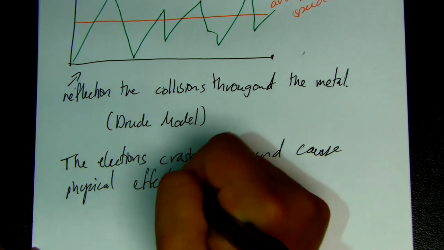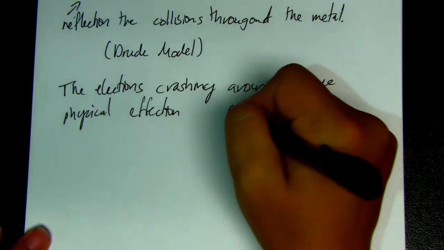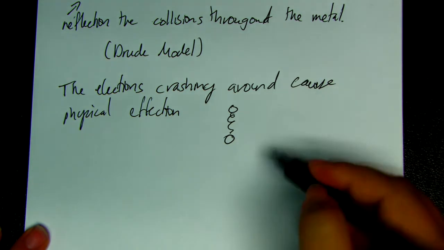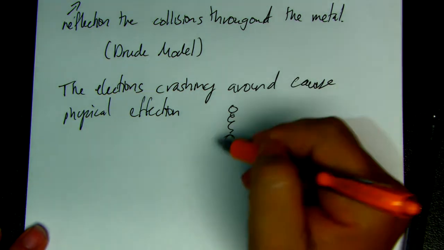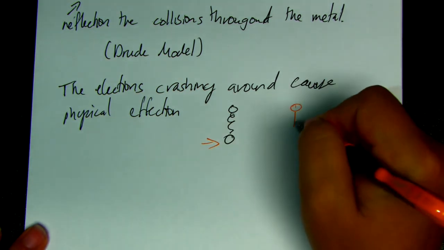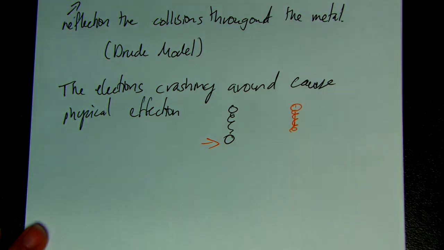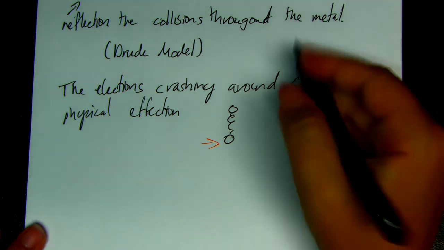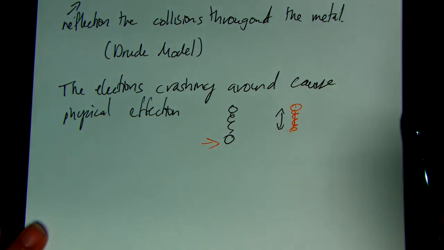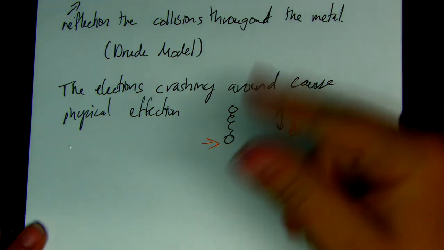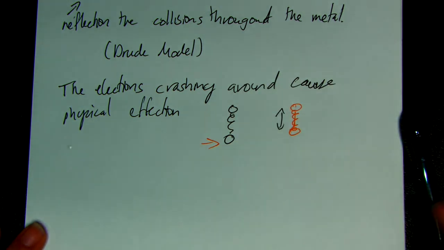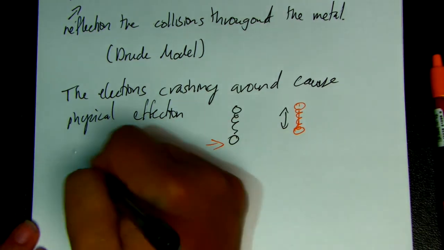So thinking back to that ball spring model of matter, if something were to crash into this, we would expect that it would start vibrating up and down. And when it vibrates up and down, these springs are going to be moving back and forth, increasing their energy, and they're going to get hot.